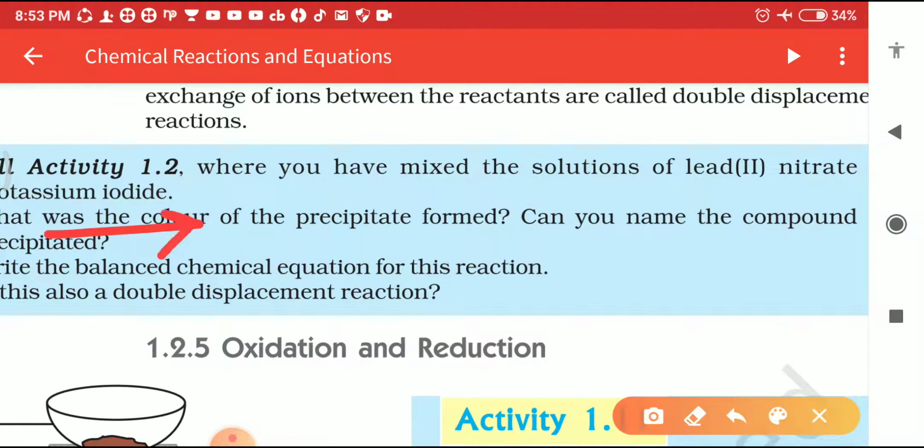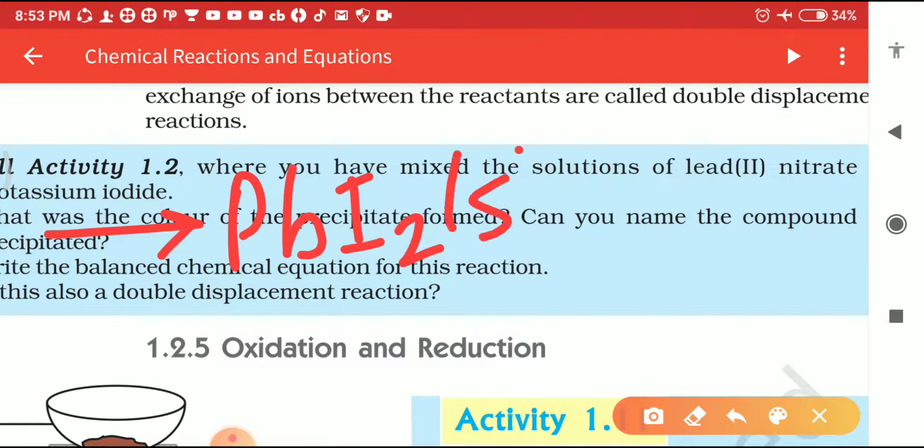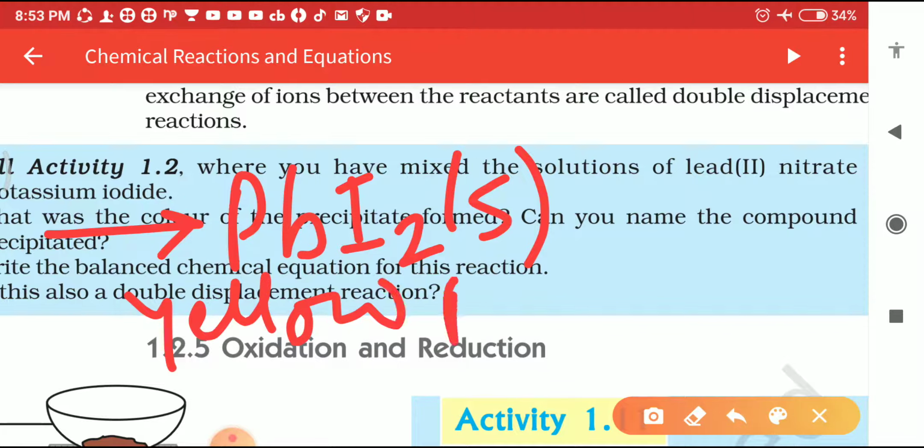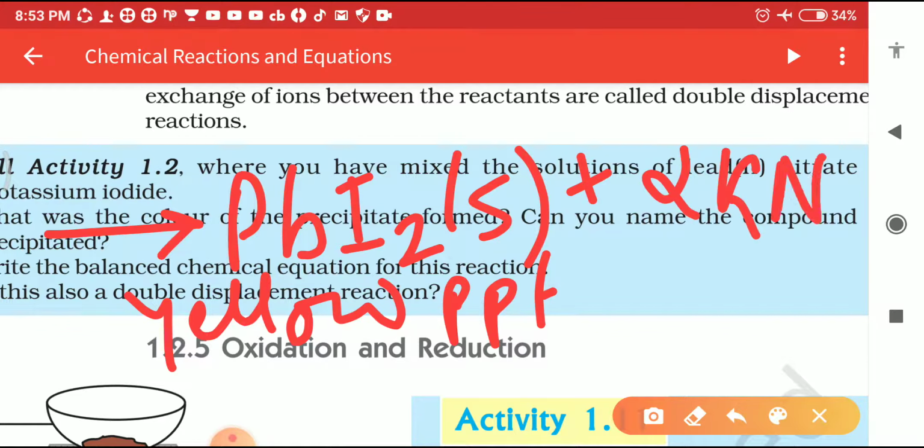I will write only the products here: PbI2, this one is your yellow precipitate, plus 2KNO3. This one is aqueous, which means it is a solution, that is, potassium nitrate.